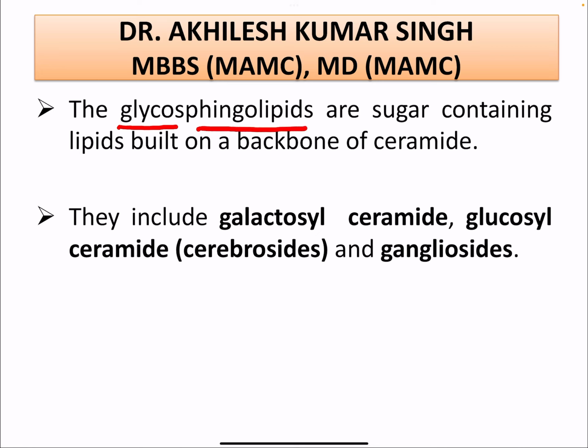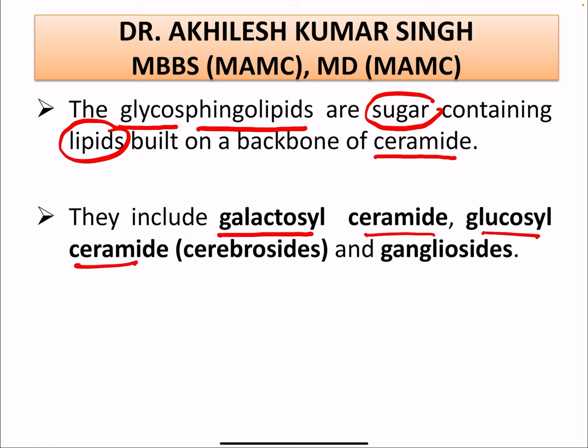Glycosphingolipids are carbohydrate-containing lipids, and they also have ceramide as the backbone. Examples of such glycosphingolipids include galactosyl ceramide, glucosyl ceramide, which is also called cerebrosides, and gangliosides. So these are some examples of carbohydrate moieties.